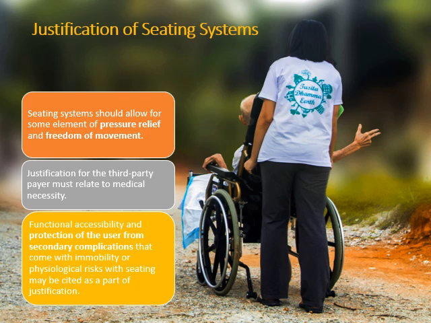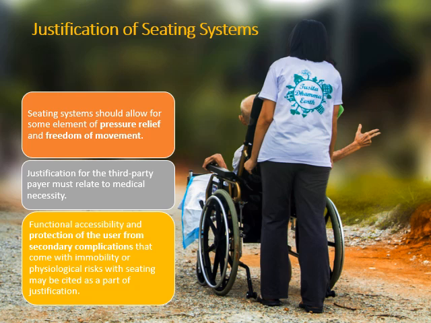So if you are evaluating a client for a wheelchair, that means that you have specialized in this area. You are going to be writing many, many letters to justify the seating system that you chose. So the seating system should allow for pressure relief, as we just mentioned, and for freedom of movement. So if the client requires a tilt in space or a reclining feature, you're going to have to write a letter to justify those features.